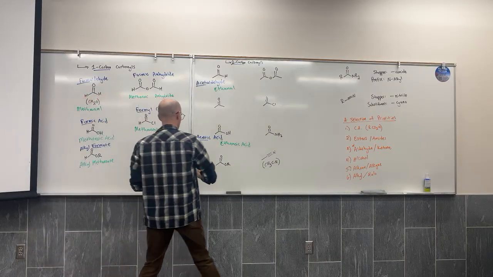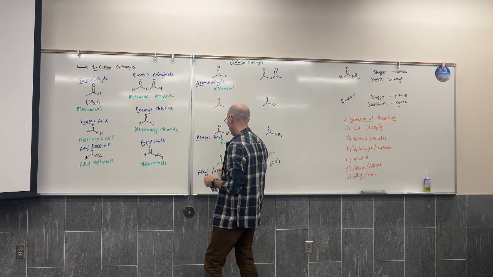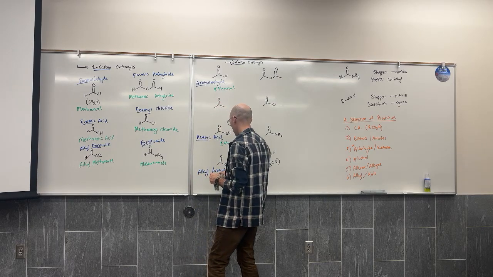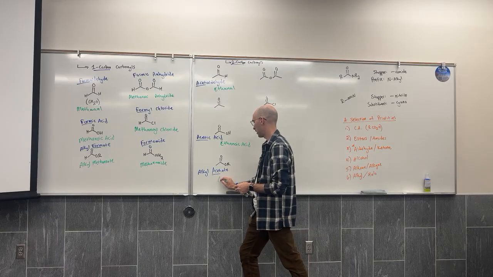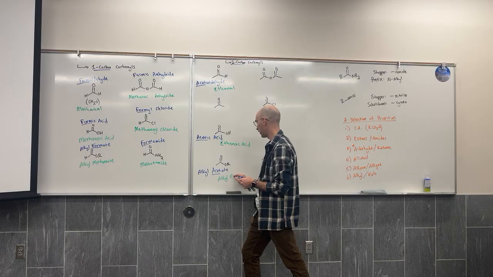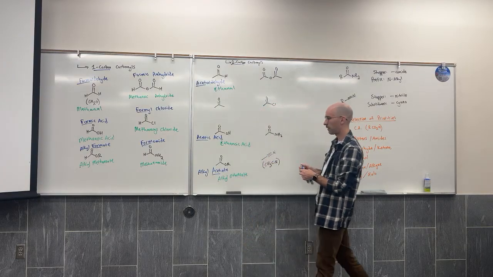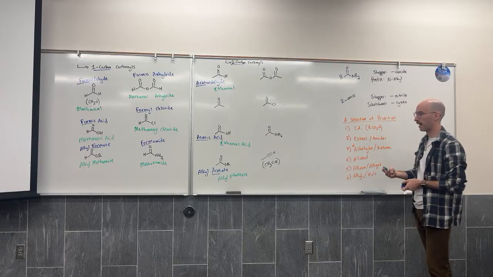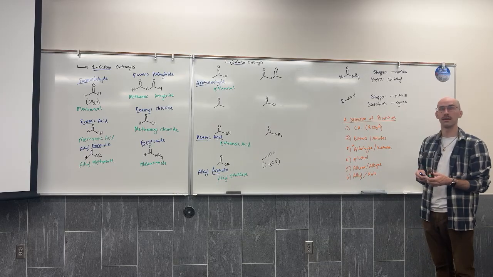Down below we have an alkyl acetate. Once again, acet, telling us that we have a 2-carbon carbonyl structure, or alkyl ethanoate, like methyl acetate, ethyl acetate, methyl ethanoate, ethyl ethanoate.